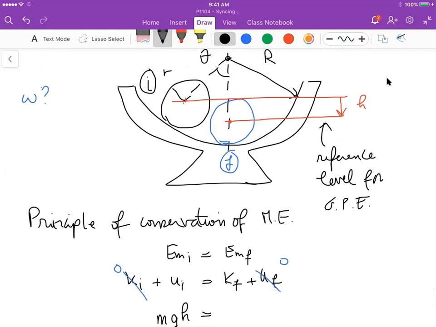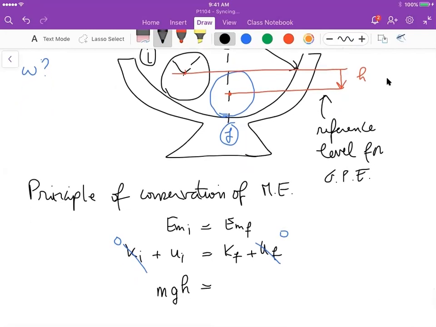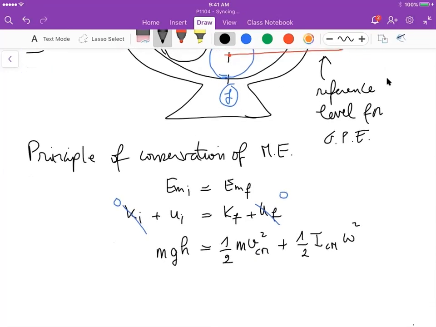So what is the kinetic energy of the sphere in the final position? Well, since the sphere is rolling without slipping, the rolling motion, as we have seen in the lecture, is a combined motion of a translation and a rotation. So for K final, we're going to include two terms. The first one is the translational kinetic energy, half m v center of mass squared, plus the rotational kinetic energy, half I center of mass times omega squared. In this case, we are looking for omega, so we are going to write v center of mass in terms of omega.